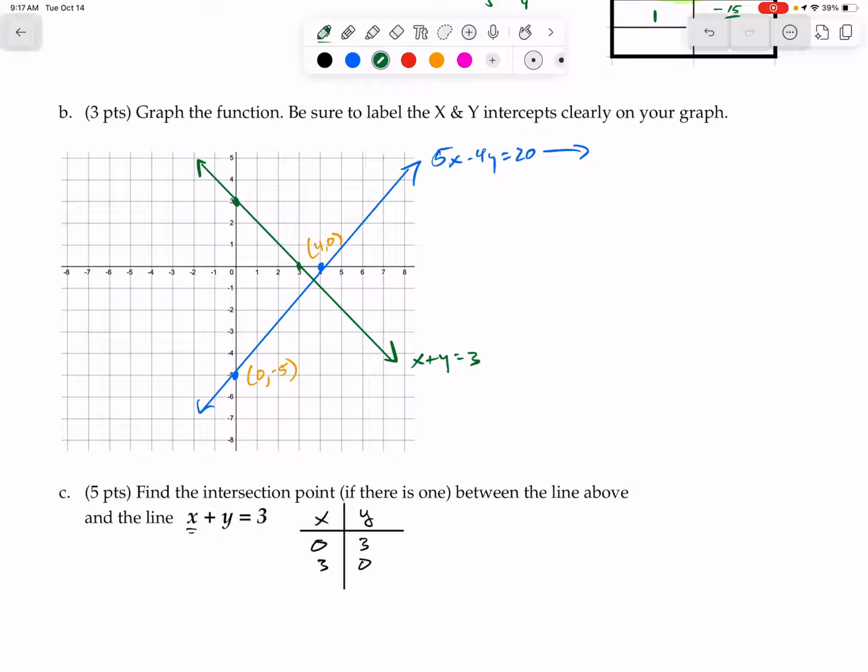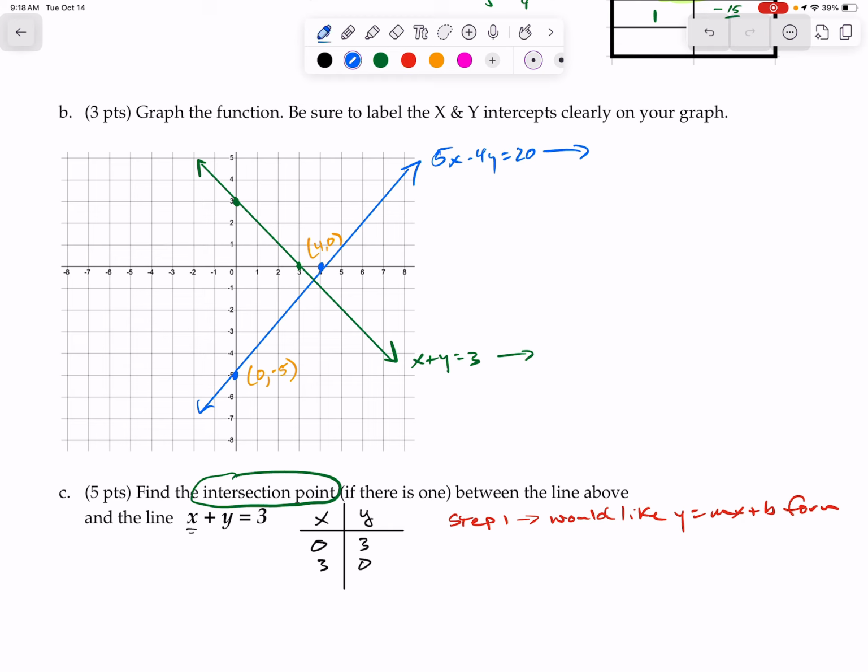Now, if I got to find the intersection point, I would love it if they were both in y equals mx plus b form. So I am going to say that's my first job. Step 1, I would like that. So I'm going to do it here, in blue again.